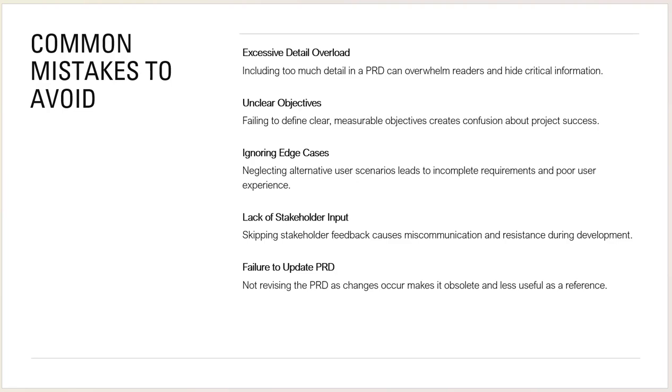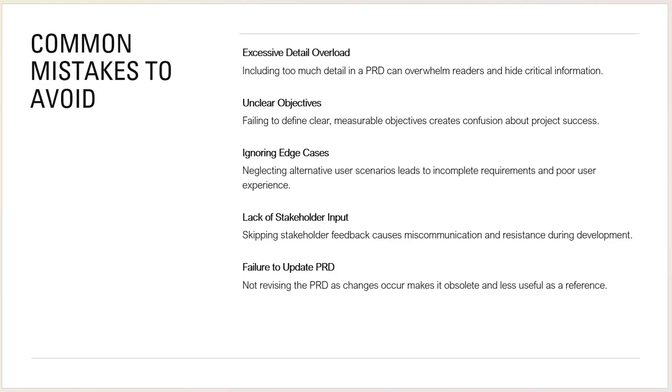misalignment of the product. One common error is overloading the document with excessive detail, which can overwhelm the reader and obscure the critical information. Another mistake is failing to define a clear and measurable objective, resulting in ambiguity about what success looks like.